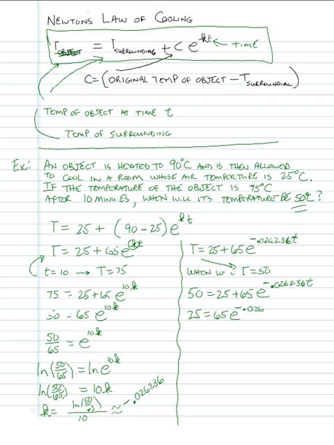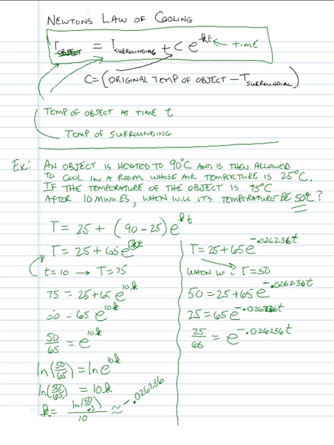I'm sorry for that being so messy. Then divide by 65, so we'll have 25 divided by 65 is equal to e to this power, negative 0.026236 times t.